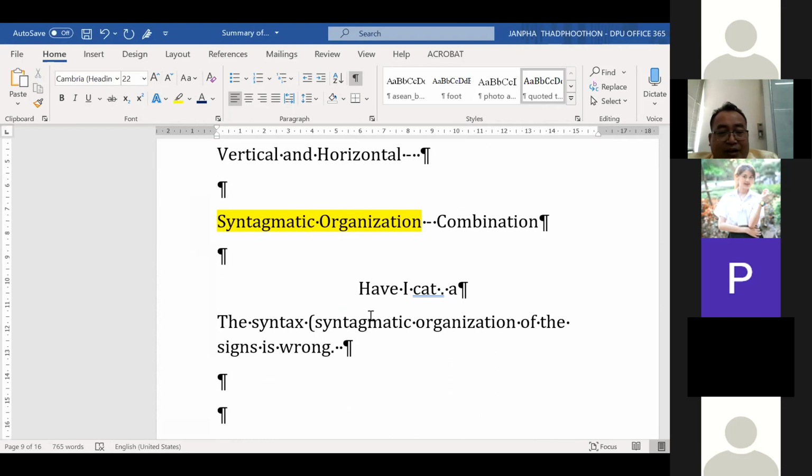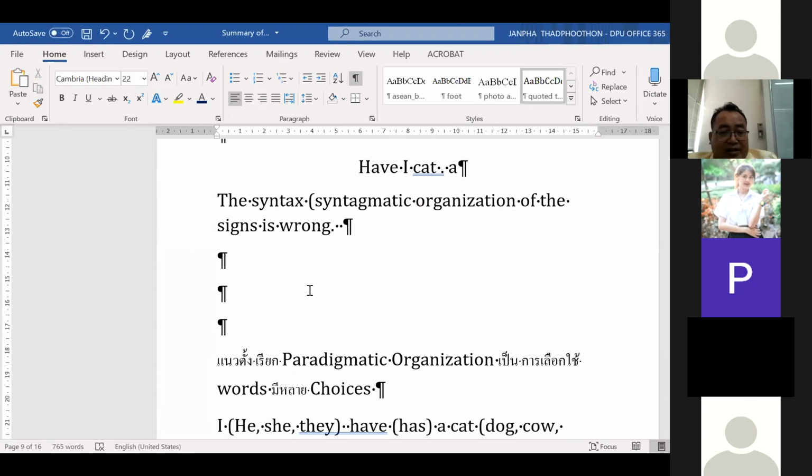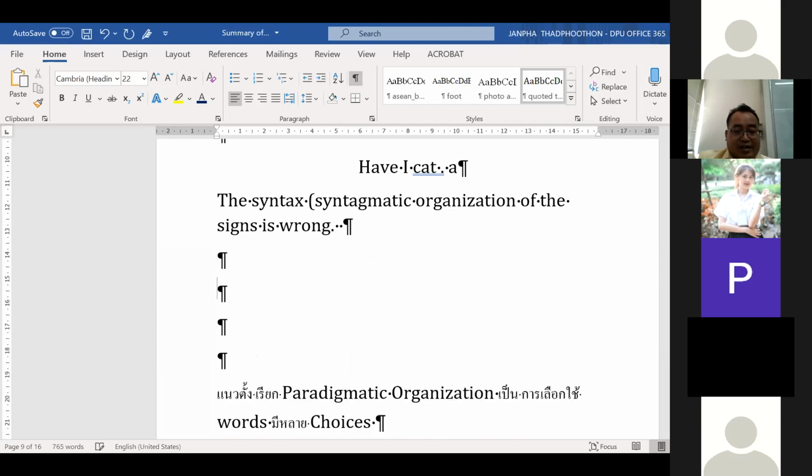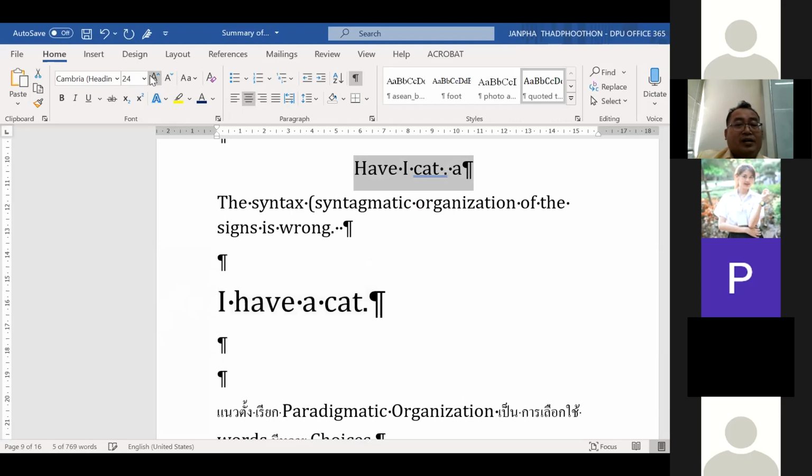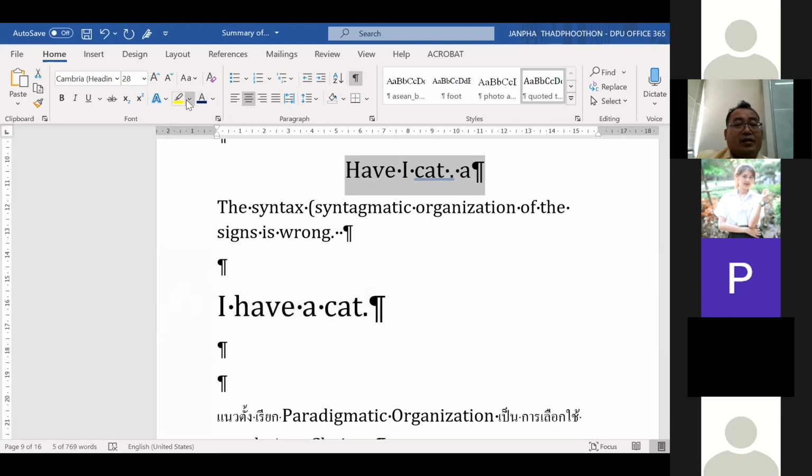You need to make it correct: "I have a cat." This is the rule. So this one is not correct, and this one is correct, because of the syntax. I hope you understand this.